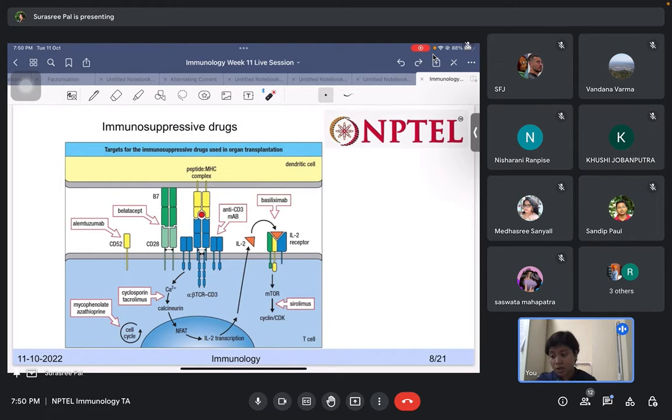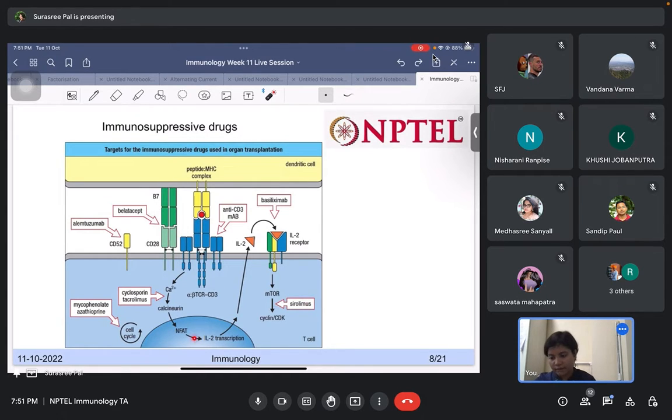Next is cyclosporin and tacrolimus, which Nisha was also mentioning. Cyclosporin and tacrolimus interfere with the translocation of the nuclear factor of activated T cells, NFAT, to the nucleus. So it does not allow NFAT to come to the nucleus, and that is how it does not allow the IL-2 transcription.